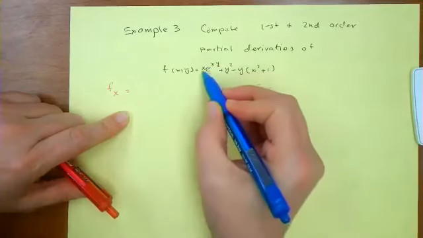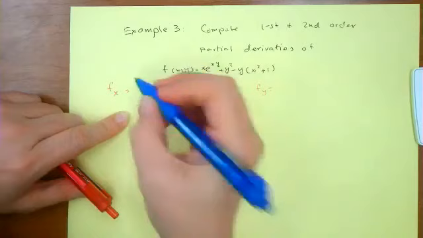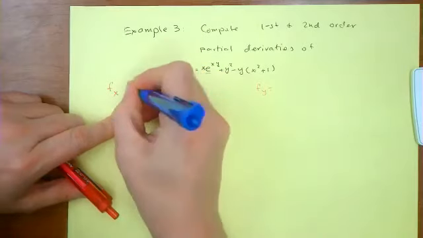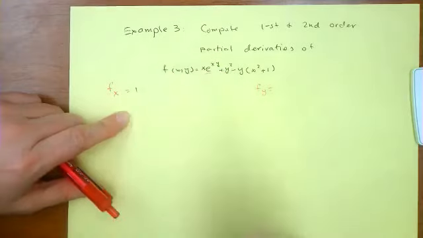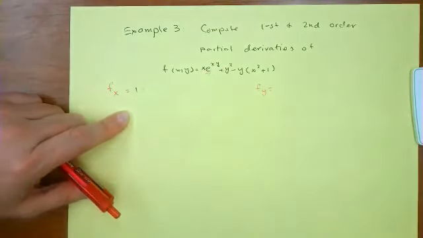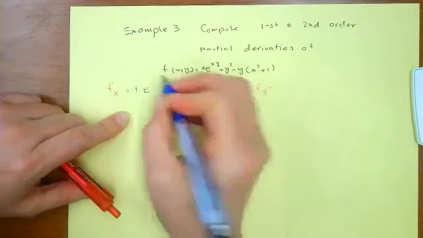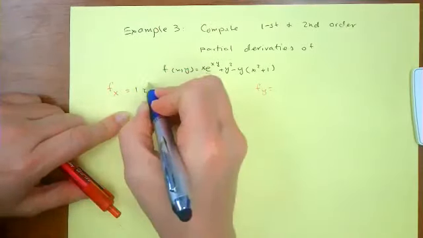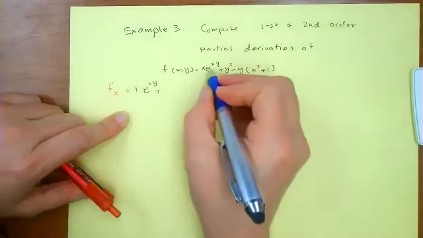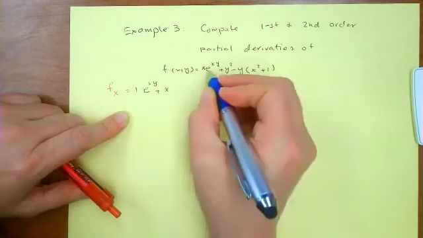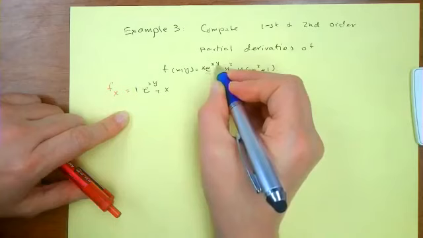So the product rule for this would be partial of x with respect to x, which is 1, times e to the power xy, then plus, and then this time x, then derivative of e to the power xy, partial of that with respect to x.